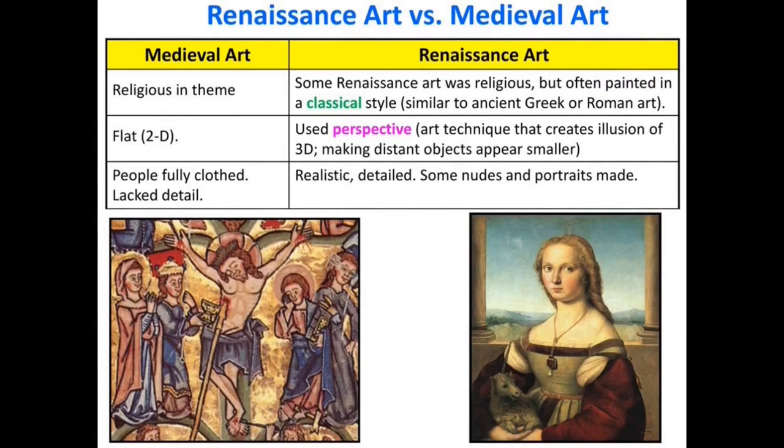Here is a scheme that shows us the main differences between medieval art and Renaissance art. I remind you that medievalism in general covers two main periods, the Romanesque and Gothic. So what is different here, what is equal? Religious in theme, that is about medieval art.